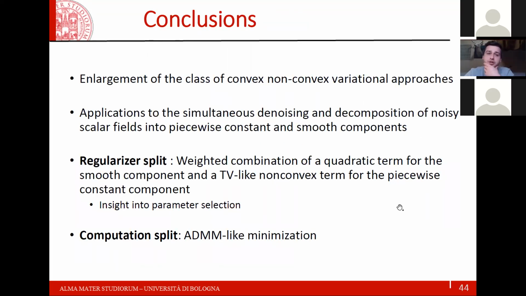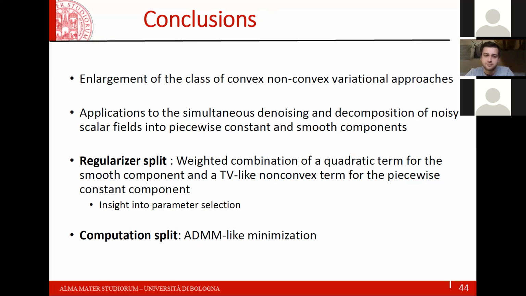So in conclusion, this work represents an enlargement of the class of convex non-convex variational approaches. It can be applied to simultaneous denoising and decomposition of noisy scalar fields into piecewise constant and smooth components, or adding a noise component or a texture component.